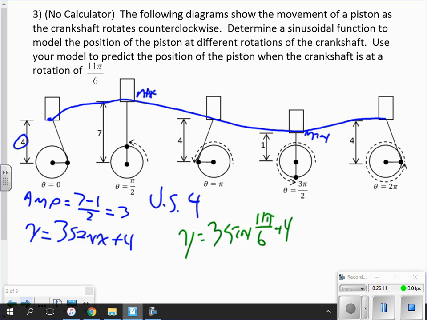I'm just telling you because we're not out of time. But yeah, so it's negative 1/2 for that times 3. Negative 1.5 plus 4 means that we get 2.5. 2.5. I was going to say 2.8.